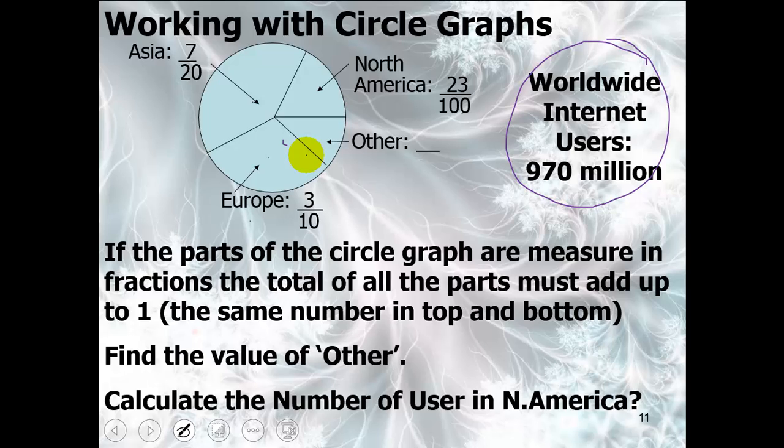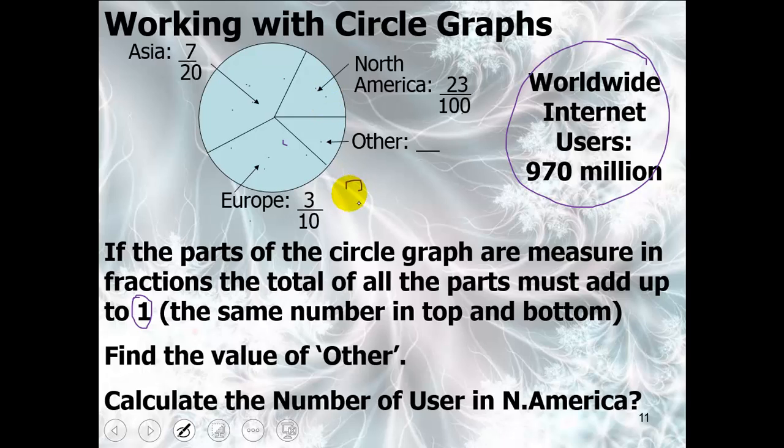All right? But here's what we do know about a circle graph. All of the pieces have to add up to the equivalent of 1. Remember, 1 is going to be the same number in the top and the bottom. So the first thing that we have to do is find out what these 3 pieces add up to. In order to do that, I'm going to add them together, and I'm going to have to find a common denominator.